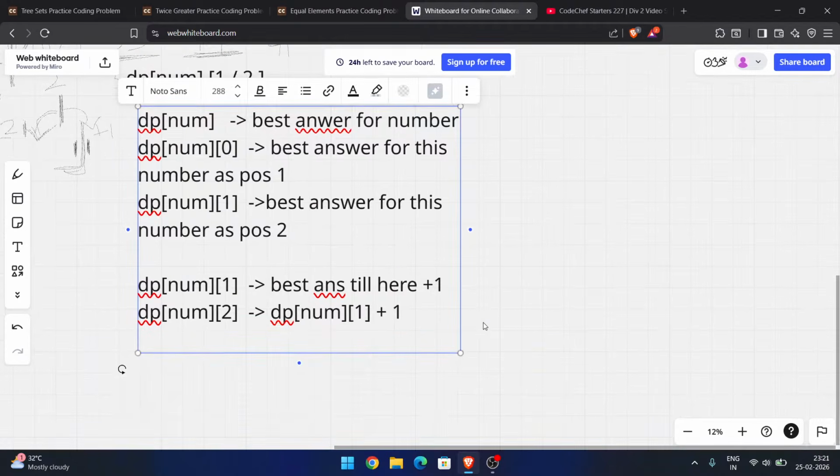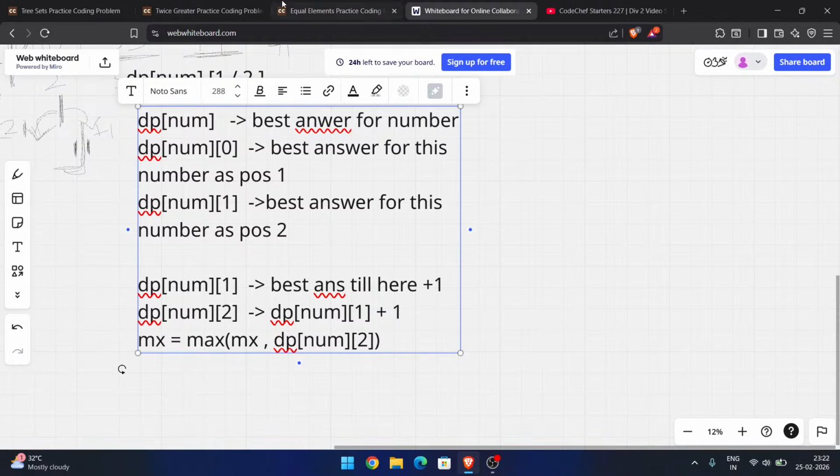Then I can update my maximum, and I can only take the numbers which have already ended. So my maximum would be this.